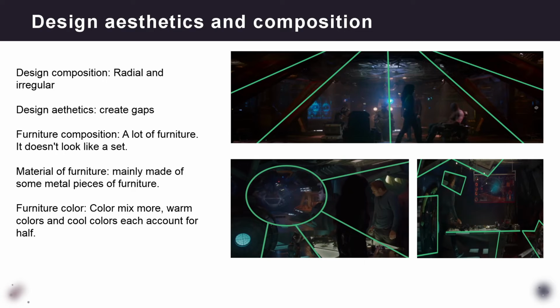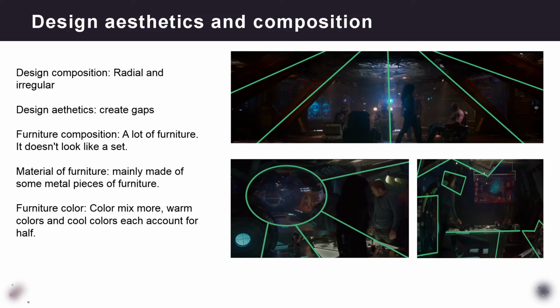Let's move on to the aesthetic analysis of domestic design. Because the main character lives inside the warship, most of the film was completed inside the warship. The domestic design of the warship is mainly radial and irregular. The aesthetic part of the design is mainly to create space for visual imagination through white space.